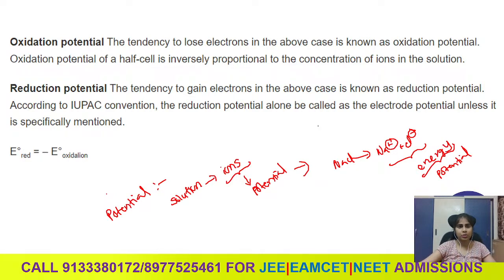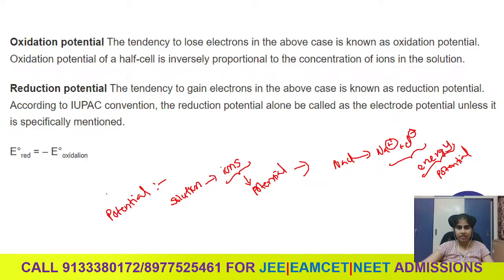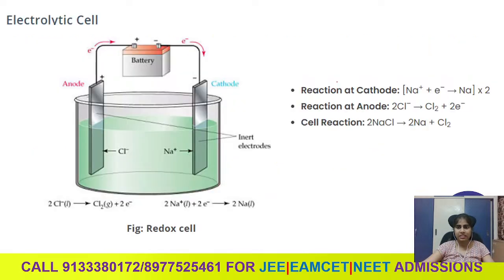So there are 2 types of potentials, oxidation potential and reduction potential. Here the tendency to lose electrons in the above case, that we can see in this electrolytic cell. See here Na plus, the Na plus which loses its electrons, and it is converting into pure form of Na.